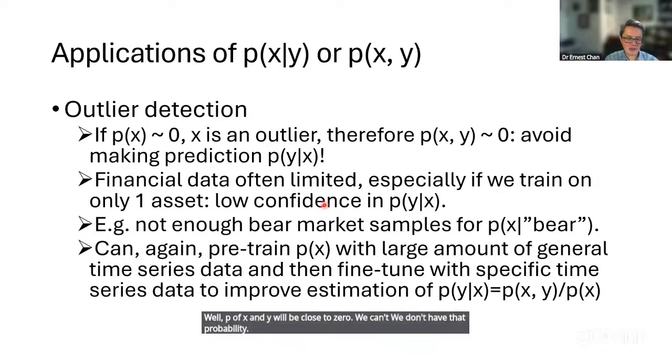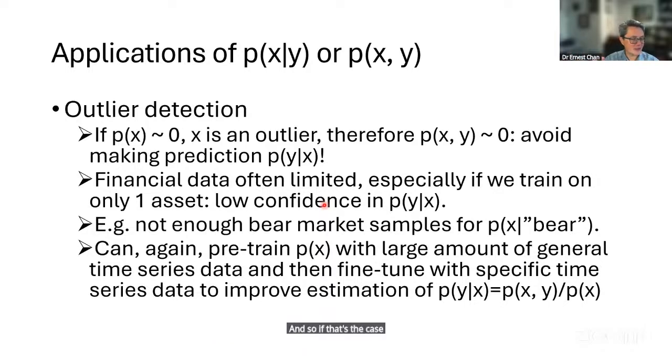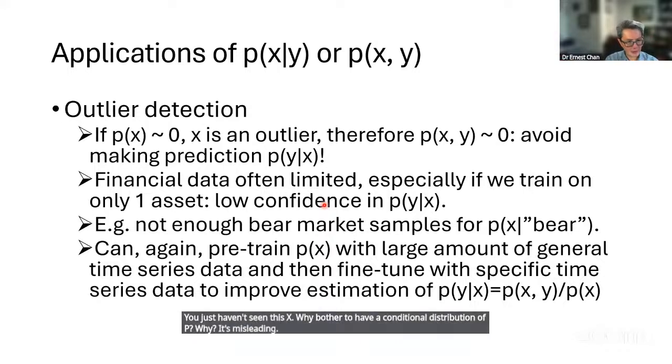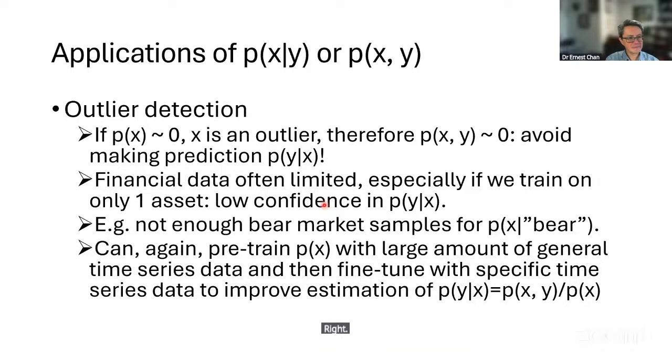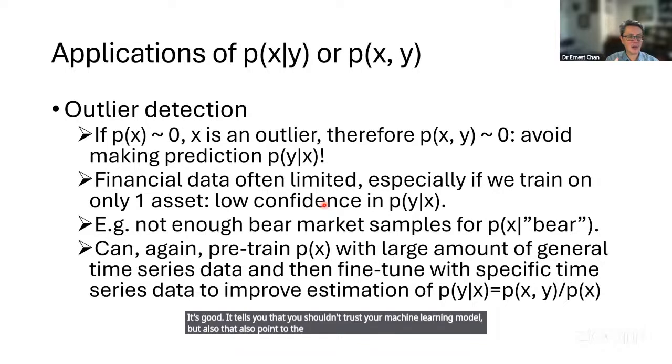We don't have that probability. And so if that's the case, we won't trust any prediction of P of Y given X. You just haven't seen this X. Why bother to have a conditional distribution of P of Y? It's misleading. Right. So again, it's good. It tells you that you shouldn't trust your machine learning model, but that also points to the benefits of pre-training.